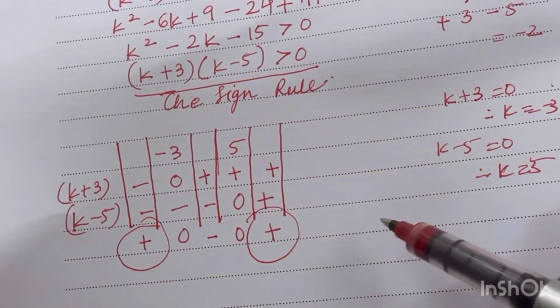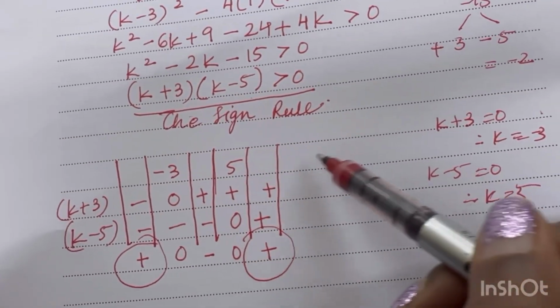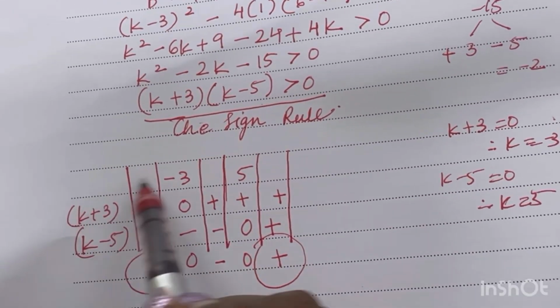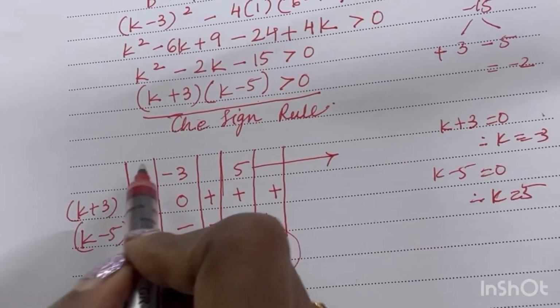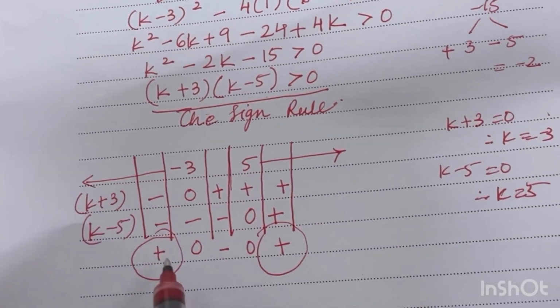So when is it positive? When it is more than 5. Consider this as a number line. So when it is more than 5, it is positive, and when it is less than negative 3, it is positive.